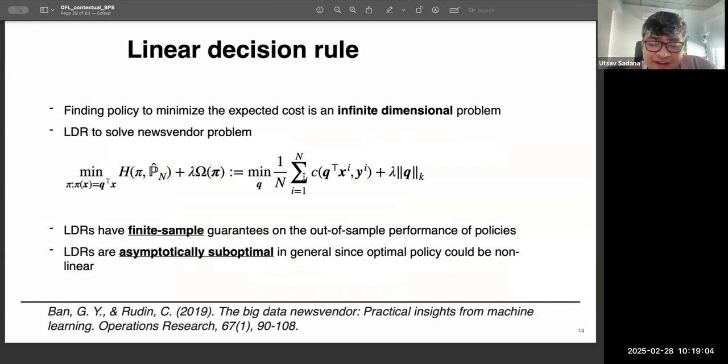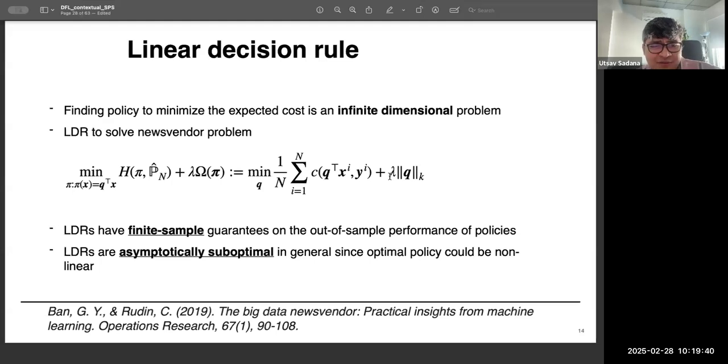You want to find a Q that minimizes this expected empirical cost, and they add an additional regularizer, which depends on the norm of Q, to get finite sample guarantees on the out of sample performance of the policies. If your problem is high dimensional, you can overfit to the data. So this lambda here helps you to control the out of sample performance of your policies.